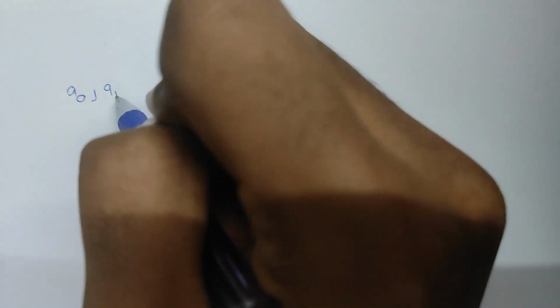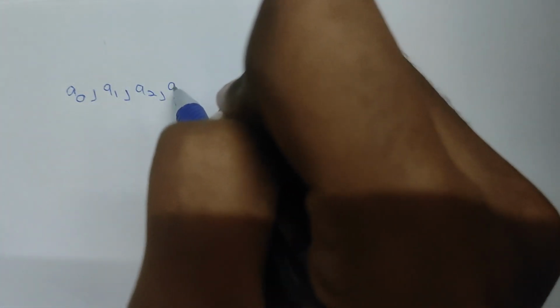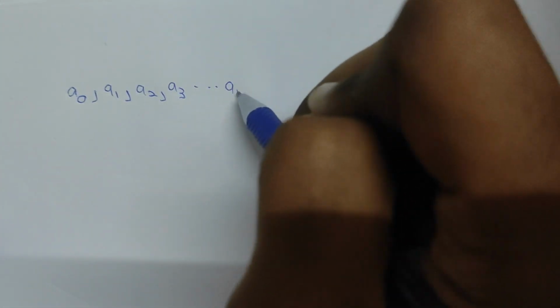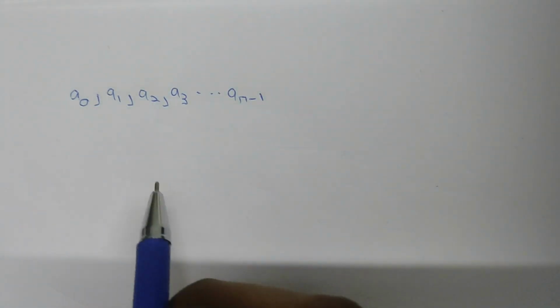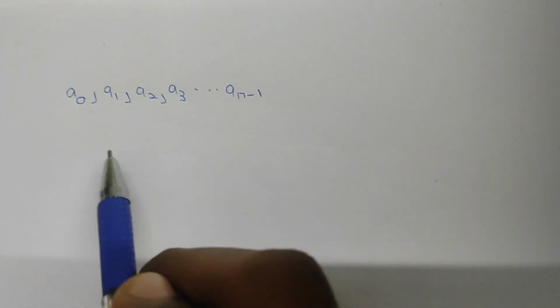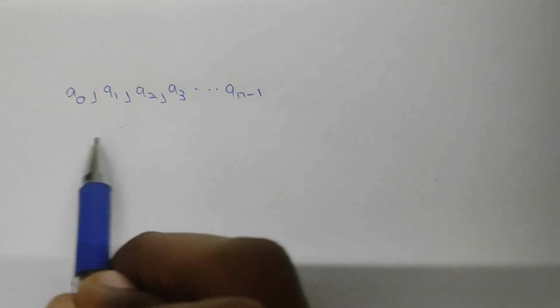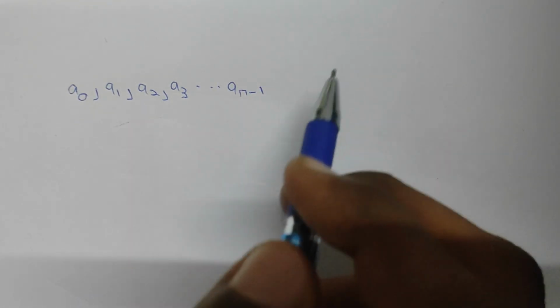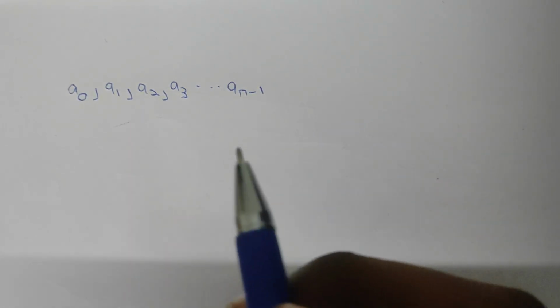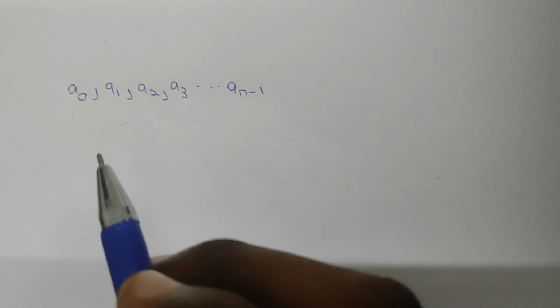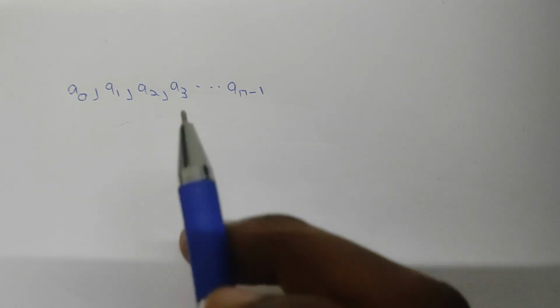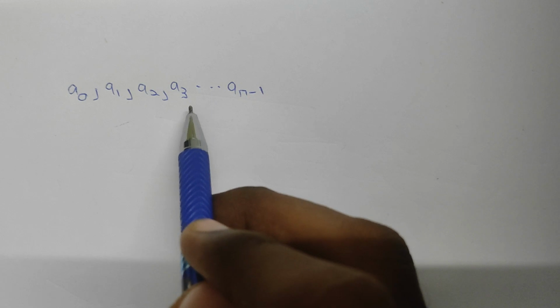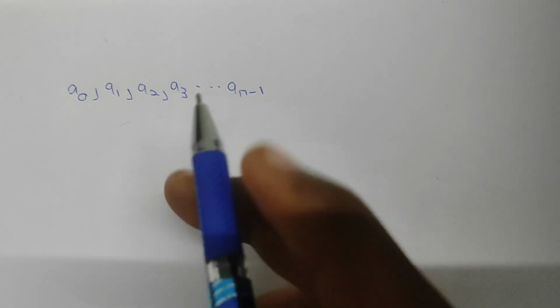Suppose the elements of the nums array are A0, A1, A2, A3 till An minus 1. What we have to find is a subsequence such that the sum of the elements in the subsequence is the maximum, and the subsequence should be such that no two elements inside it are adjacent in the original array.